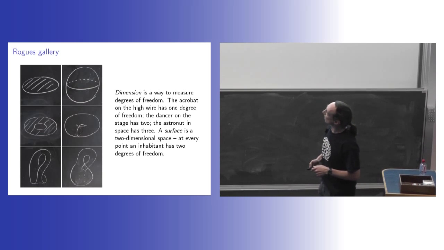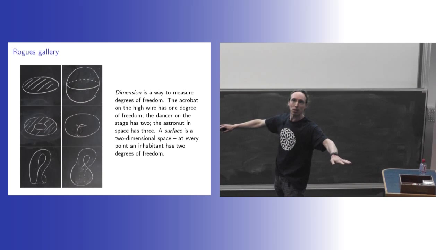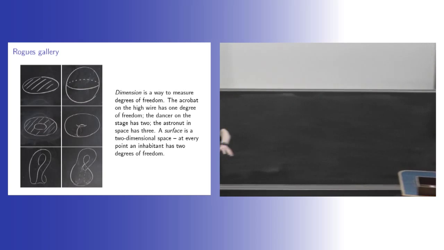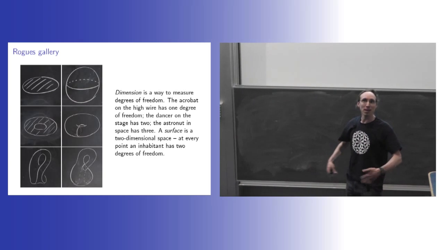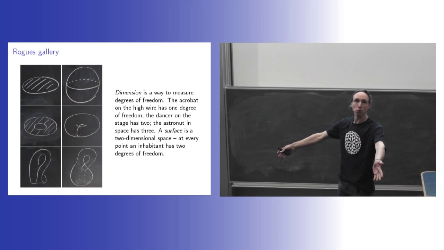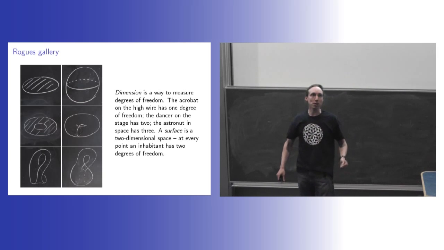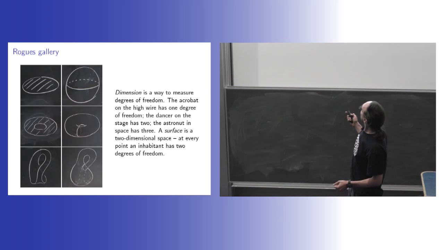Maybe less poetic, but the dancer on the stage, if you're walking around on a large piazza or a large quadrangle, then you have 2 degrees of freedom, because where you are on the stage requires 2 numbers to tell you where you are. And then, of course, if you can fly, you would have a 3rd degree of freedom, and you'd be in something 3-dimensional. Okay, so now I have all my surfaces.